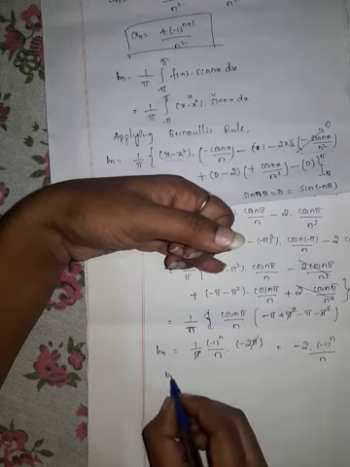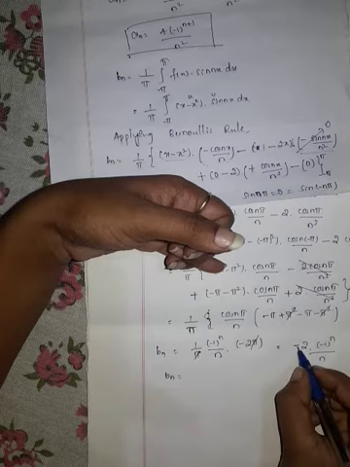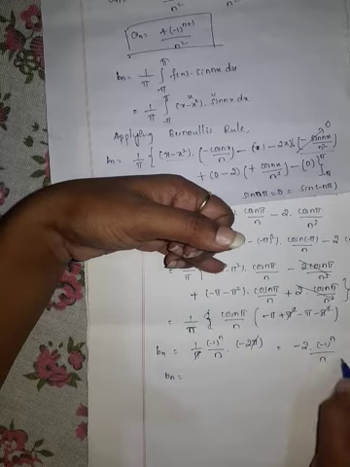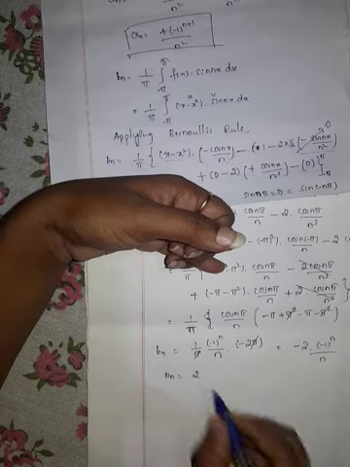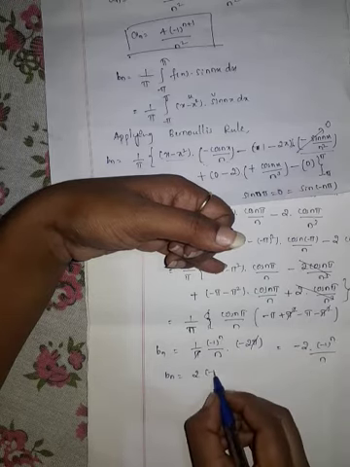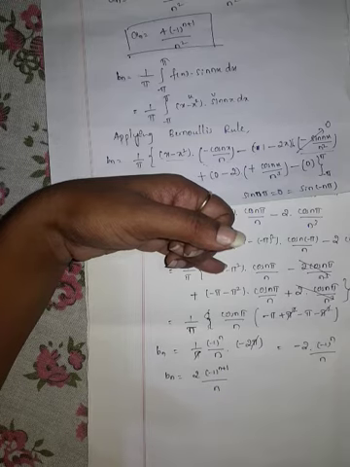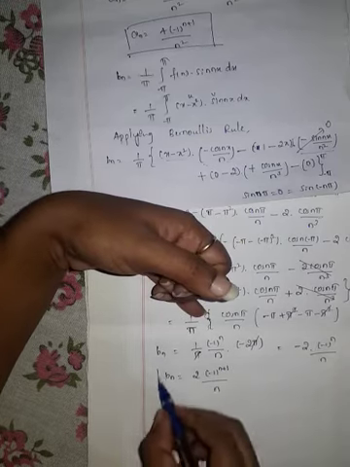This can be also written as minus 2 is nothing but minus 1 into 2 into minus 1 raised to n. So this can be written as 2 into minus 1 raised to n plus 1 divided by n. So this is our bn.